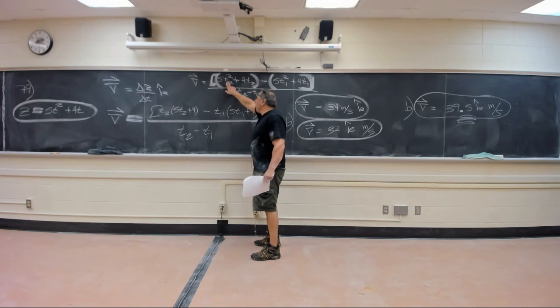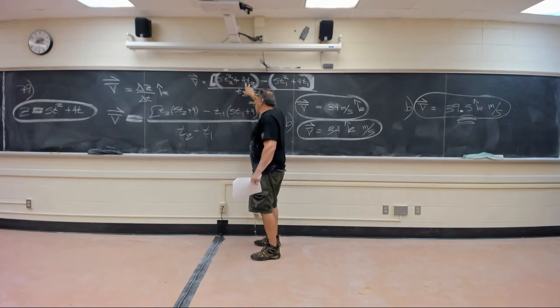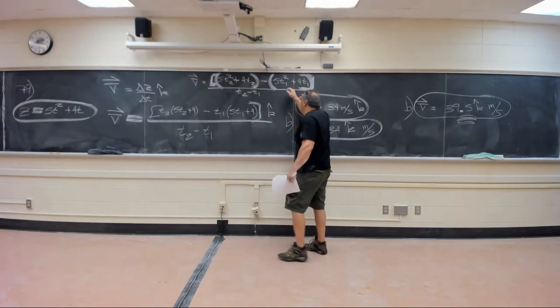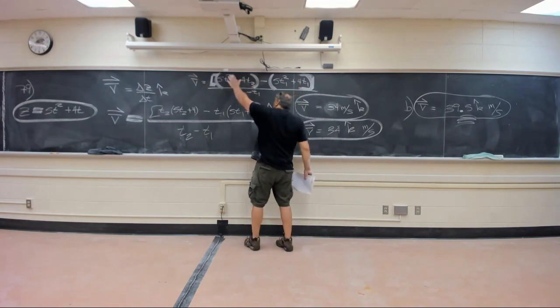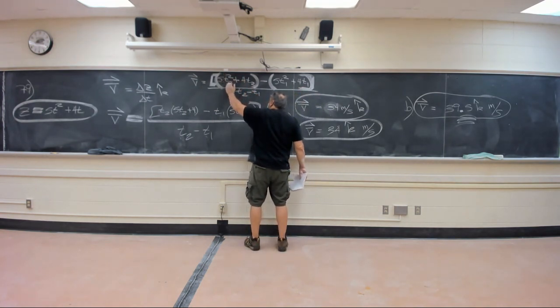The quantity 3.5 squared times 5 plus 4 times the quantity 3.5. The quantity 2.5 squared times 5 plus 4 times the quantity 2.5. So the quantity 3.5 put into here, get an answer.